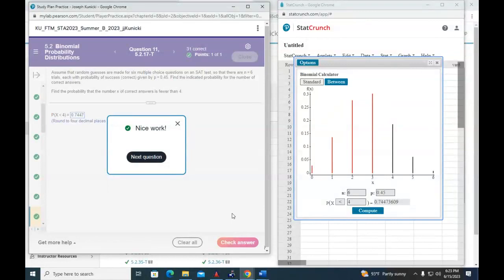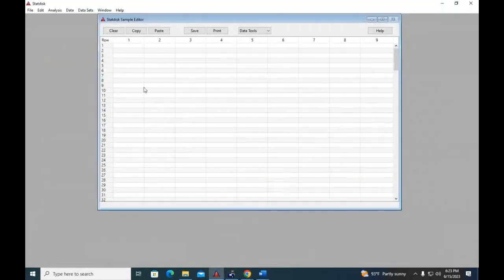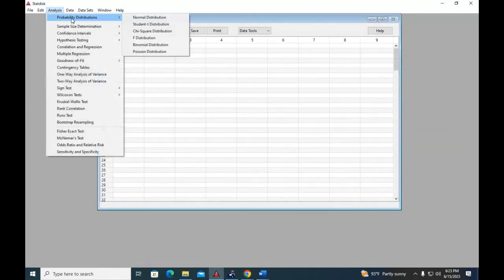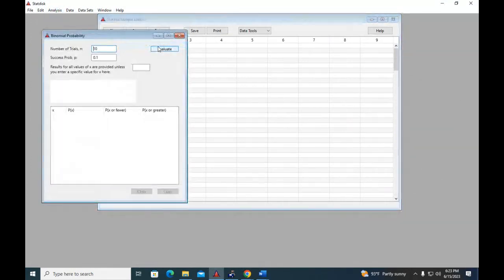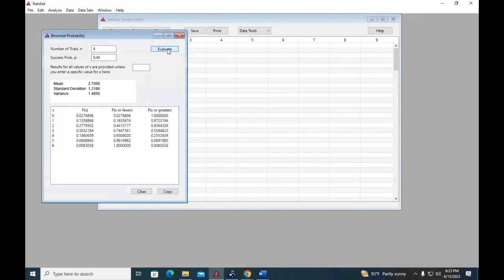Okay? So let me show you what it would be like if I use StatDisk. On StatDisk, probability distributions, I go to binomial. I tell it number of trials is 6. Probability of success is 0.45. And then if I don't tell it what value X I'm looking for, it just gives me all of them.